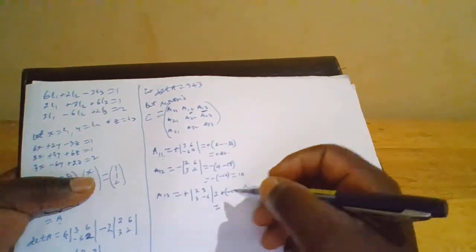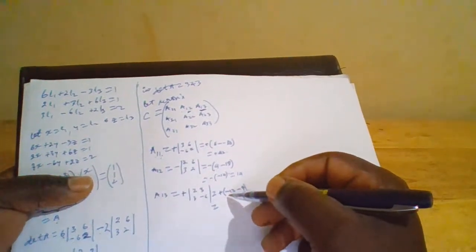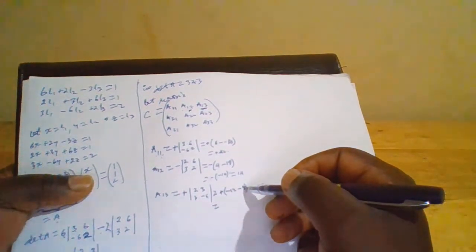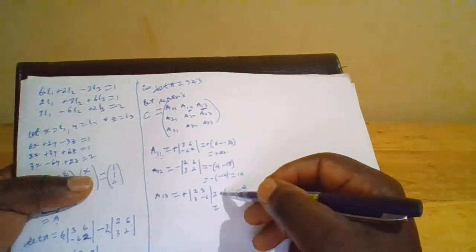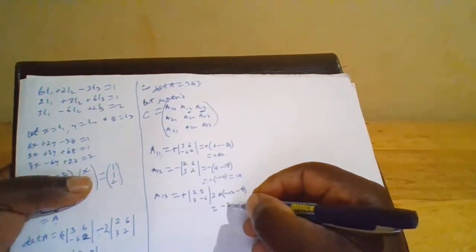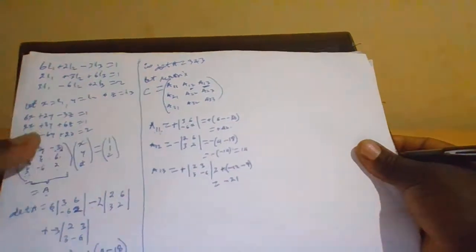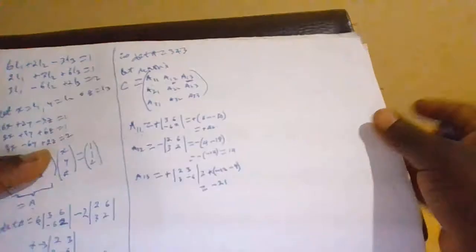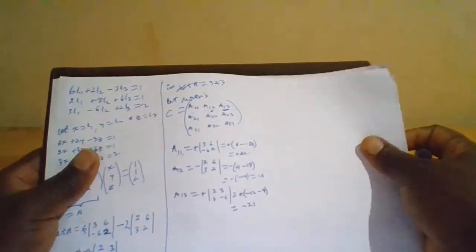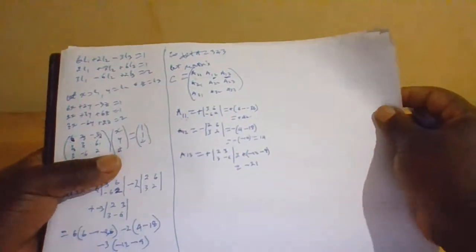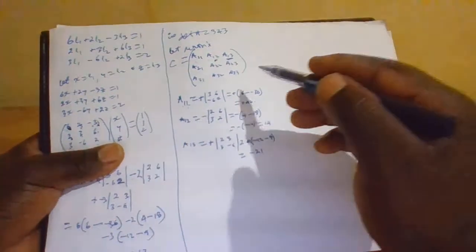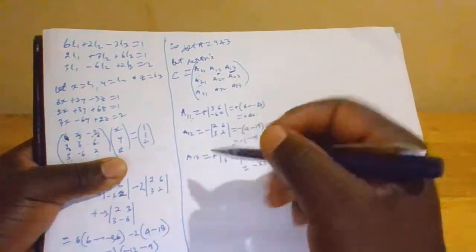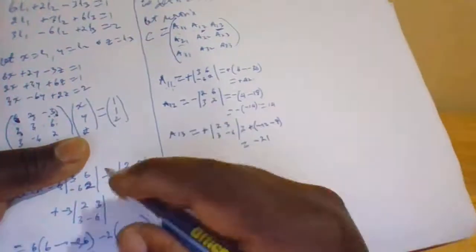So this equals negative 12 minus 9, so this will be negative 21, so plus negative 21. So we have the elements of that first row. Then we can now come to the second row.